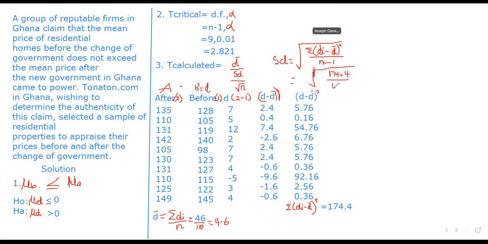So 10 minus 1. Just give me the final answer. You get 4.40.